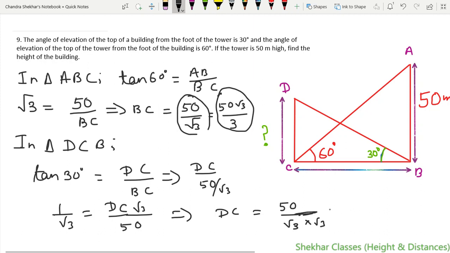So finally we have DC equal to 50 upon 3, and that comes to how much? If I divide 50 by 3, that gives 16.67 meters. That is the height of the building, and that is the answer here.